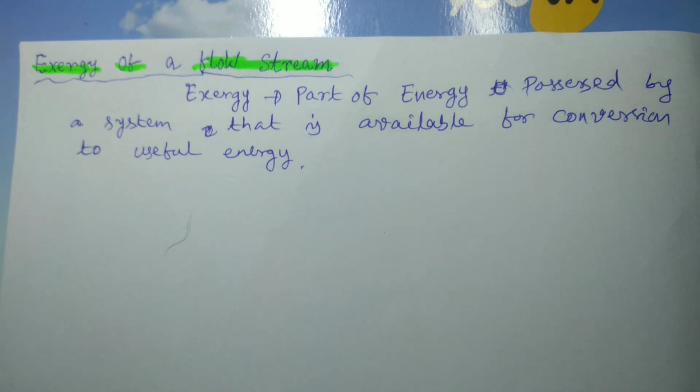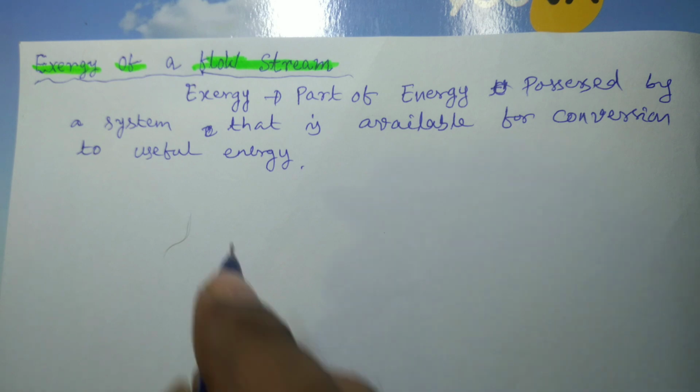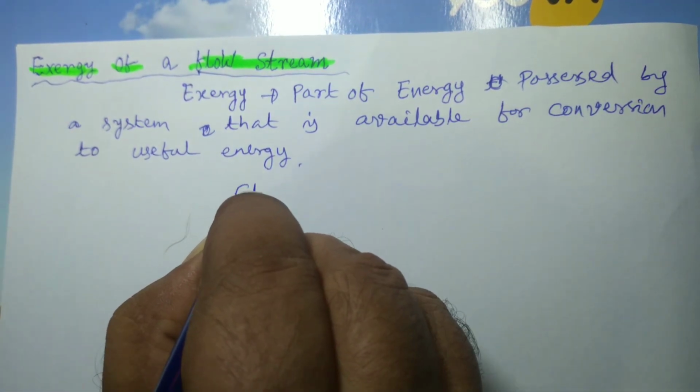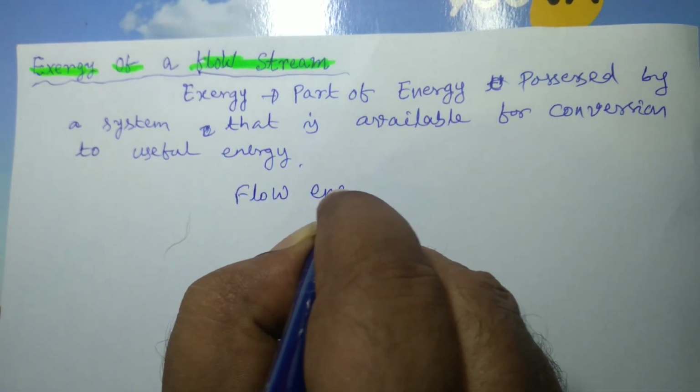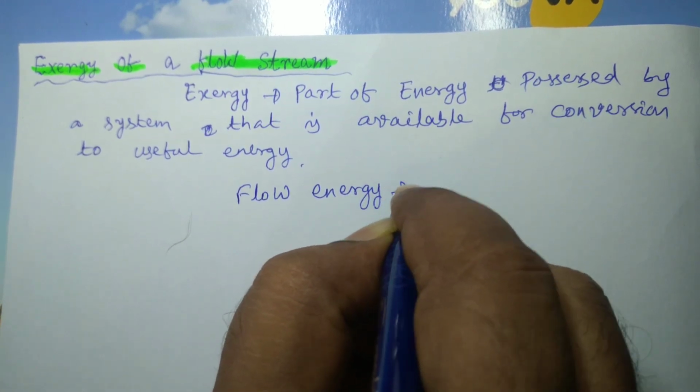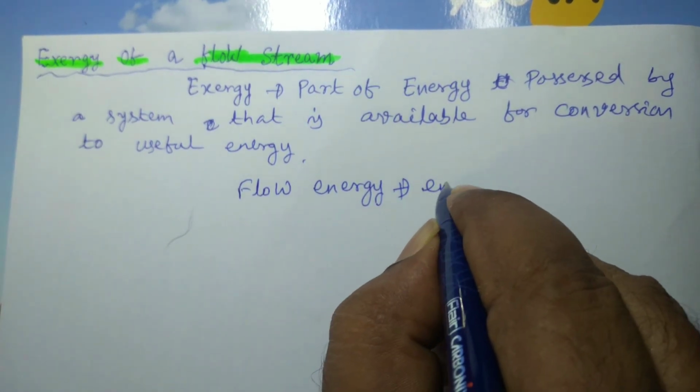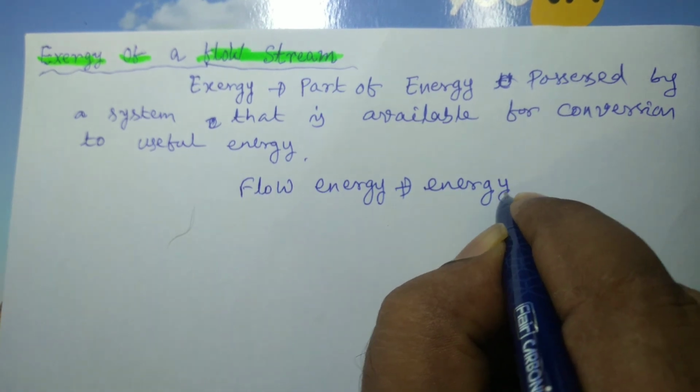In a closed system there is energy; what is the additional form of energy that is associated with a flowing fluid or an open system, or you can say control volume? That additional energy is nothing but the flow energy.